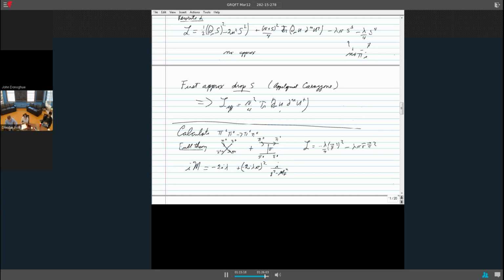I'm doing this calculation at tree level, so I'm going to write the two diagrams. Here's the one diagram, and the second diagram is this one: pi plus, pi 0, pi 0, pi plus, pi 0, pi 0.